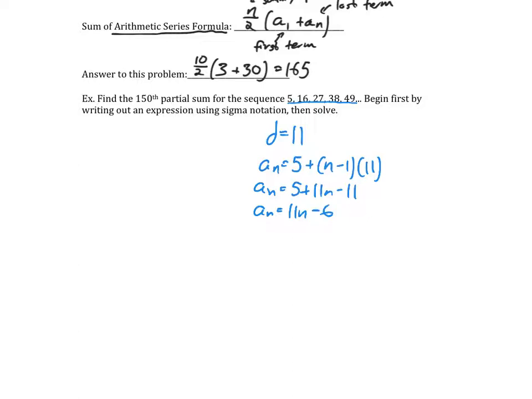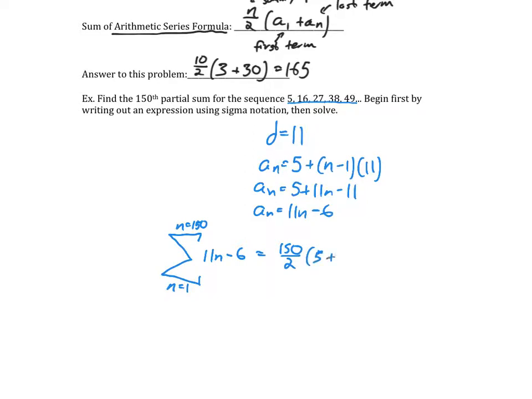So what's this problem asking me for? It's saying find the sum from 1 to 150 of the arithmetic sequence 11n minus 6. Well, now that we know the shortcut, we know it's n over 2, which is 150 over 2, times the first term, which if I plug in 1 for n, I get 5.